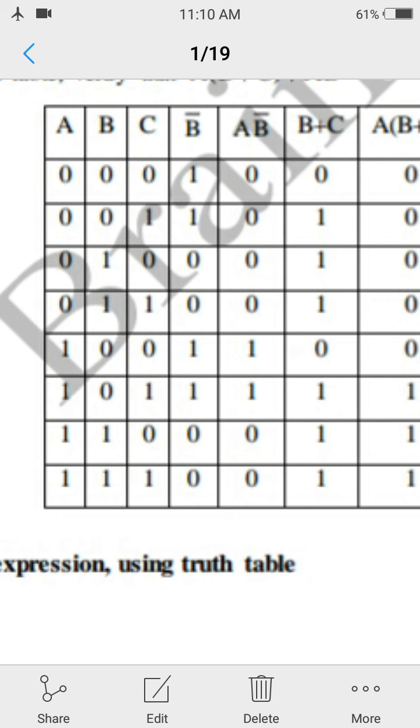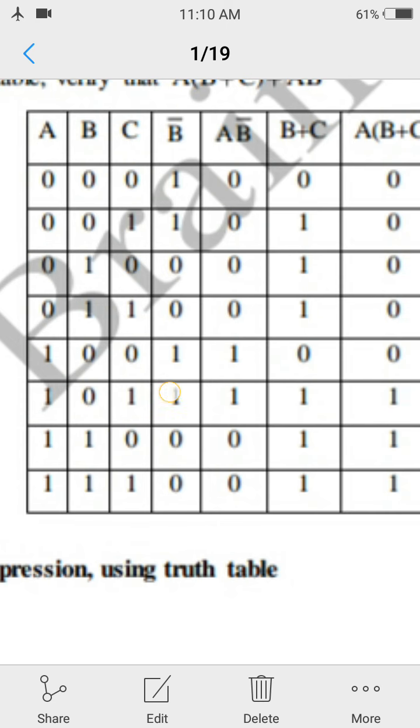Since here A is 0 in the second row and B naught is 1, 0 and 1 means 0. Then 0 and 0 is again 0 in the third row. In the fourth row, 0 and 0 is again 0. In the fifth row, A is 1 and B naught is again 1. 1 and 1 means 1.